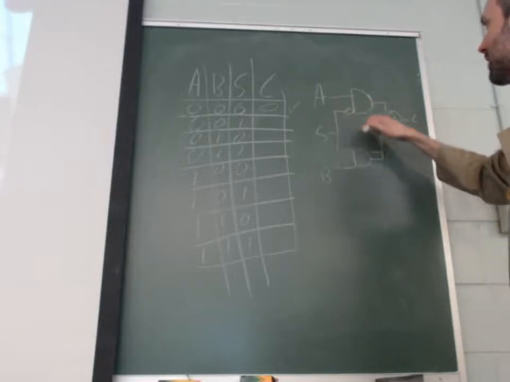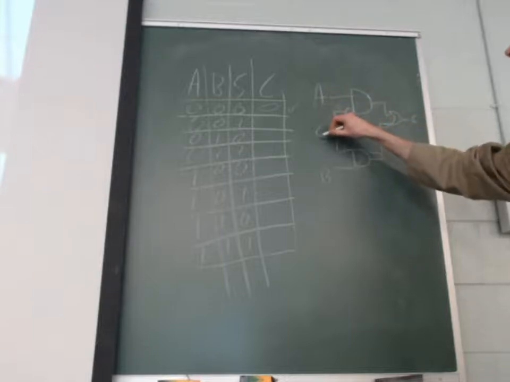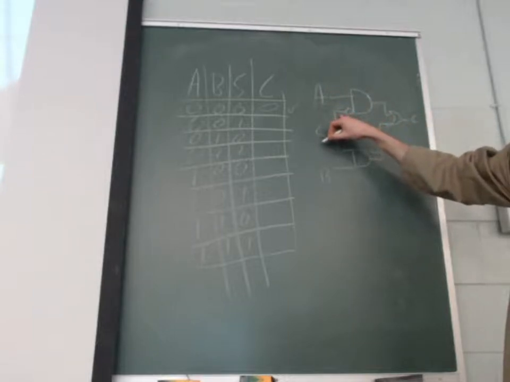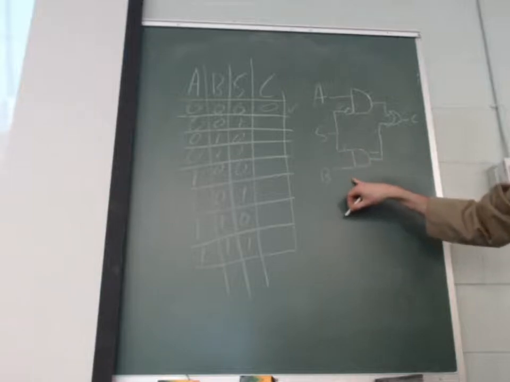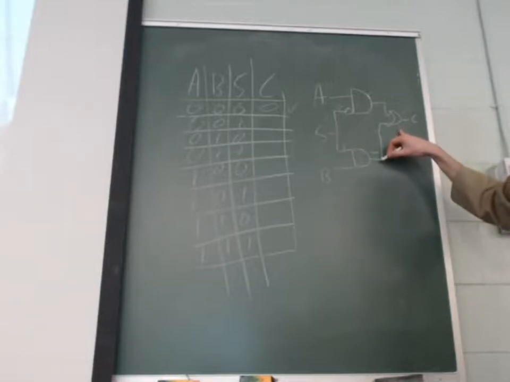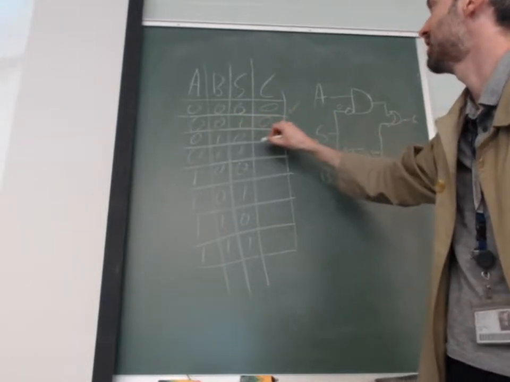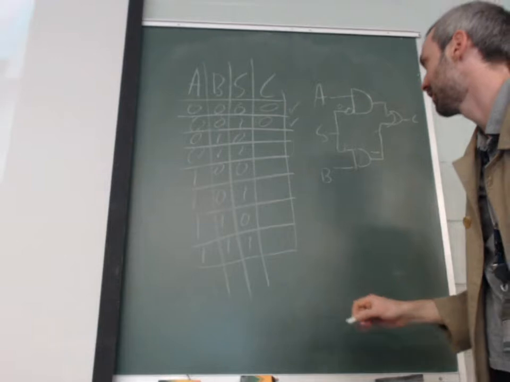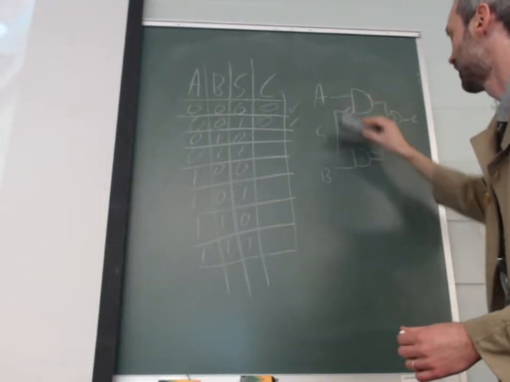This time we're flipping the S. A is 0, 0 and 0 is 0. 1 and 0 is 0. 0 or 0 is 0, so the 1 is selecting B. B is 0, C is 0. We have the right output. I just realized that I should have written S first.